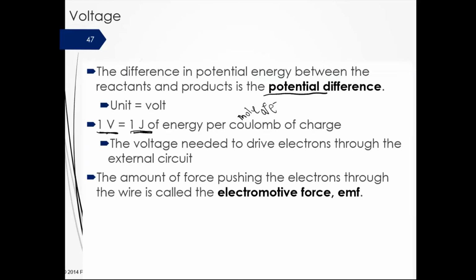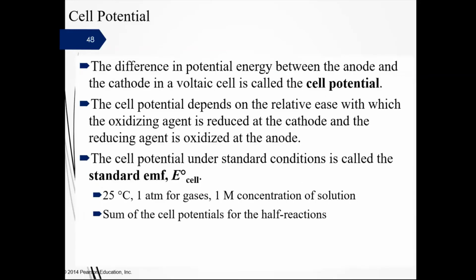Now this force that you can kind of imagine is called the EMF, or the electromotive force. So the stronger that difference is, the stronger its EMF, the more it can do. For our cells, we're going to generally talk about them in terms of potential, right?